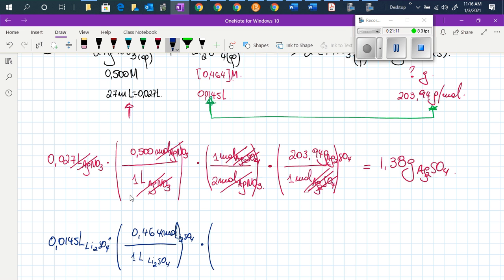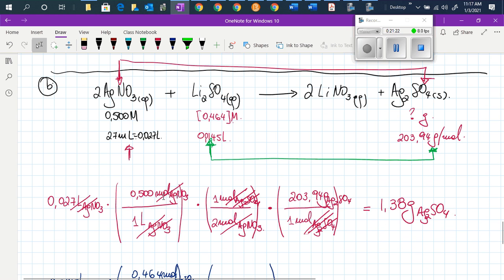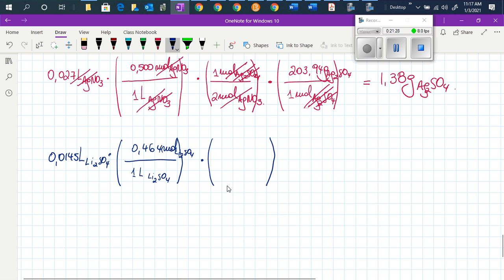Now we have the moles of the known, and using the molar ratio, we will find the moles of the unknown, and in this case it is 1 to 1, because 1 mole here and 1 mole here. So the coefficients are 1. When the coefficients are the same, it doesn't really matter which one you are using, but for the sake of the process, 1 mole of lithium sulfate and 1 mole of silver sulfate.